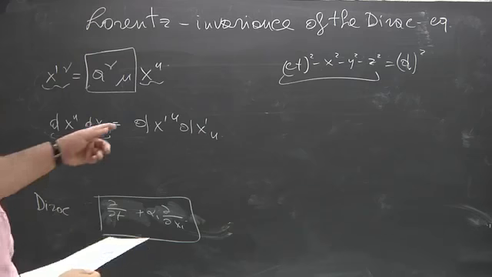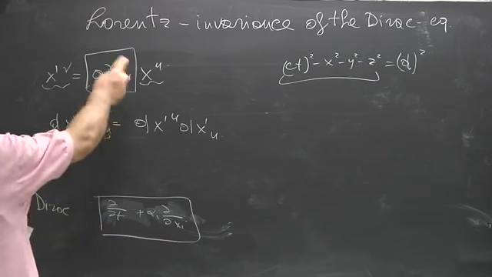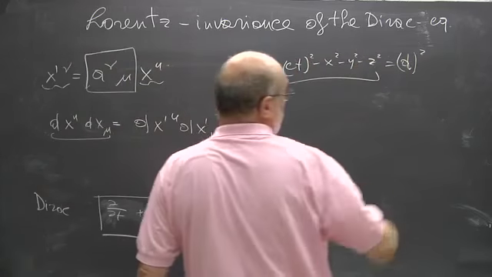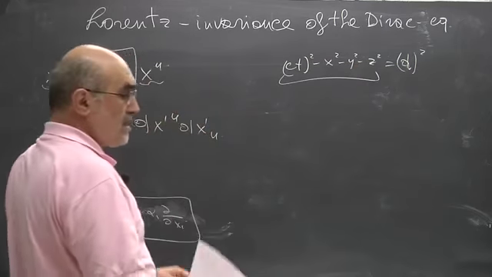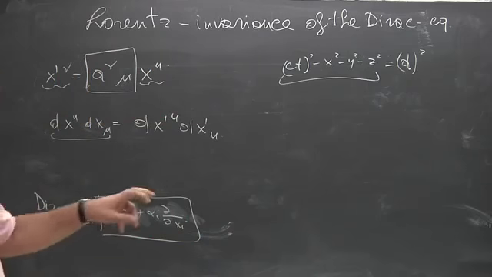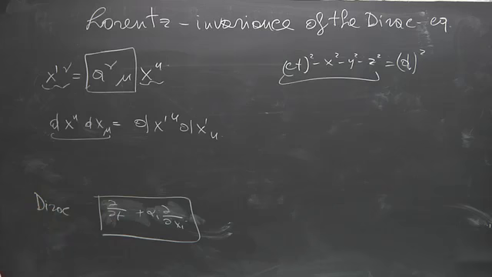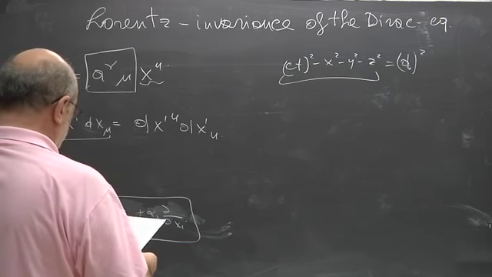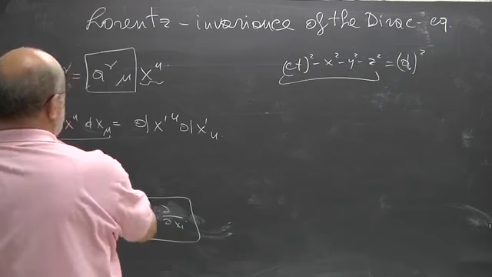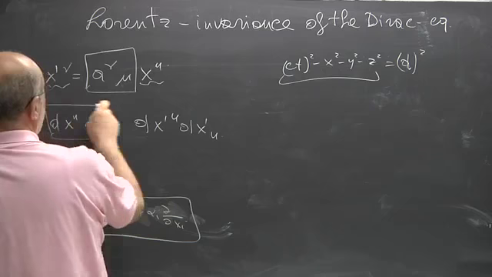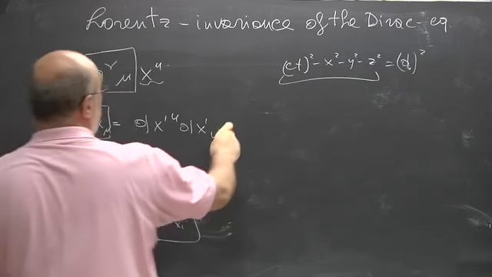Okay, but what does this imply for these matrices? We knew already that the Lorentz transformation, the rotation part plus the boost part, the change of frame with the velocity. Let's see what this implies. This is the infinitesimal distance, and when we do a Lorentz transformation, it is invariant.